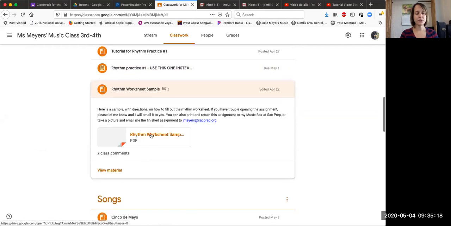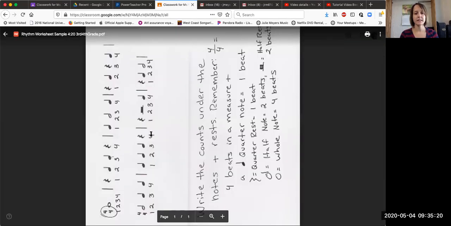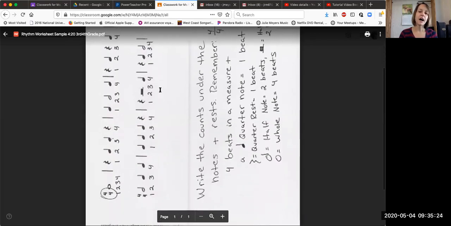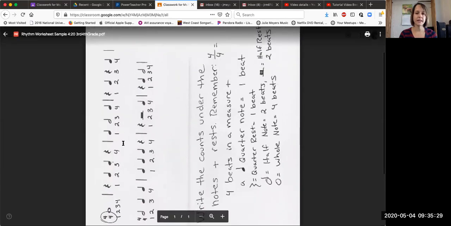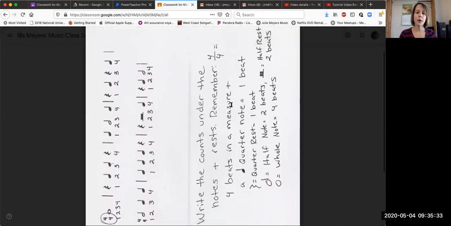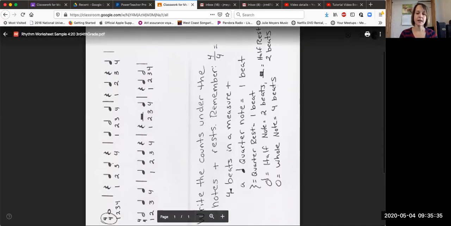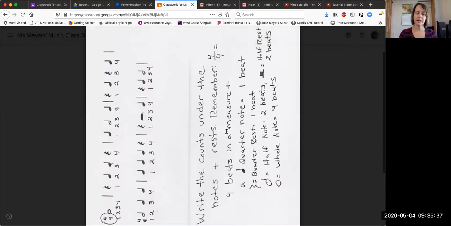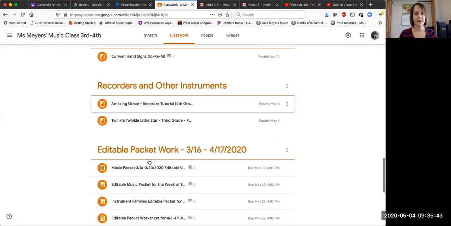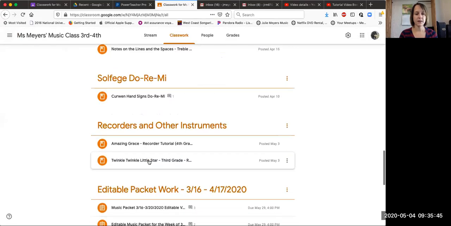But what you could do is look at the example, and I know it's kind of sideways, but what I need you to look at is how many beats I wrote in each measure, and also remember that there are 4 beats in a measure, okay? 4 beats in a measure, that's the important thing to remember when you're answering this question down here.